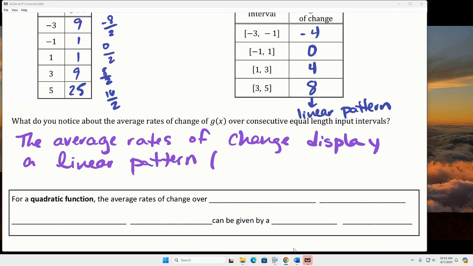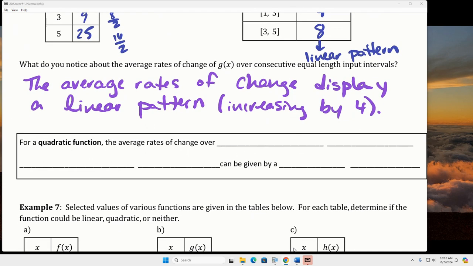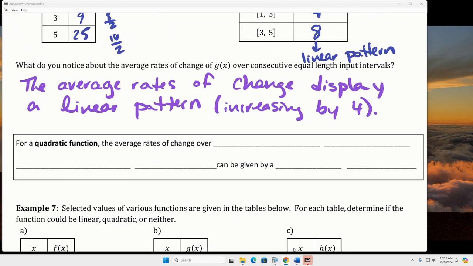Or you could say they're increasing by 4 or something like that. Now we are going to learn 3 different ways to look at a table of values and determine if the function is linear or quadratic.